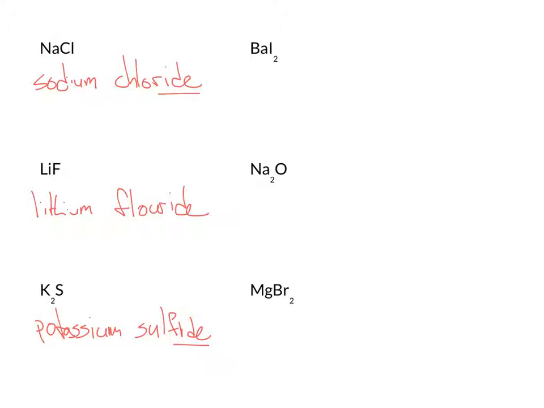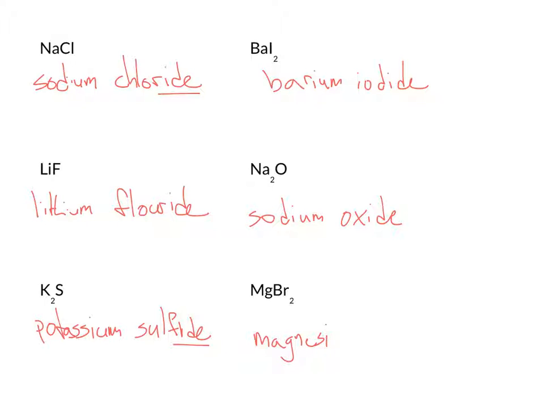This will become barium iodide. Sodium again, and now we have oxygen, so this is going to be sodium oxide. And we have magnesium and bromine, so magnesium bromide.